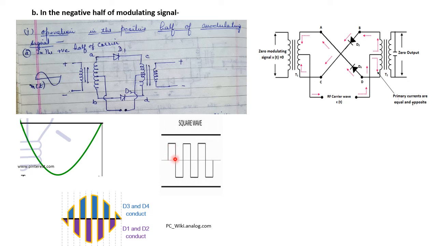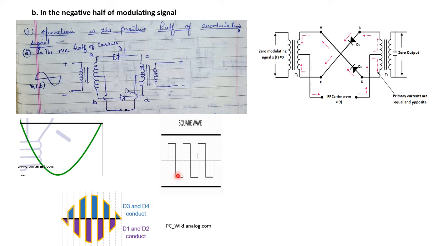For this duration, the positive pulse of the square wave is present, and the negative pulse of the modulating signal will be reflected in the output, since we are dealing with the negative cycle of the modulating signal. So for this particular duration in which the positive square wave is present, whatever is present in the input will be reflected at the output.